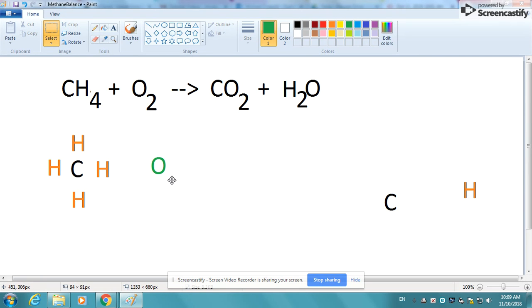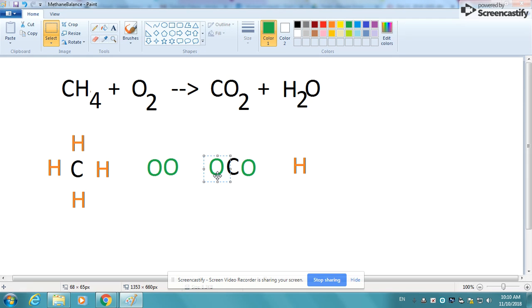Here come the oxygen sisters. The 2 oxygen sisters are observing and they're planning to attack. And at the far end, we're going to need a carbon and another hydrogen. And what we should wind up with is the following. Carbon is going to be bonded to 2 oxygens, like this.